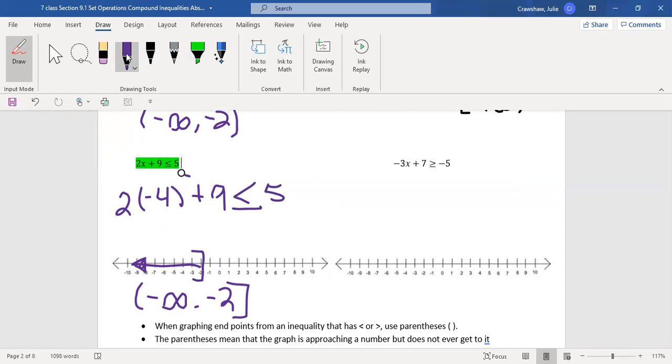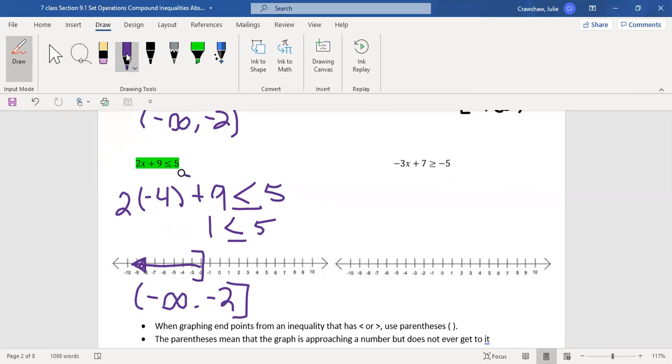Well, 2 times negative 4 is negative 8, and negative 8 plus 9 is going to be a 1. And 1 is indeed smaller than 5. So negative 4 does work in that inequality. So the solution to an inequality is a value that will make that inequality be true.